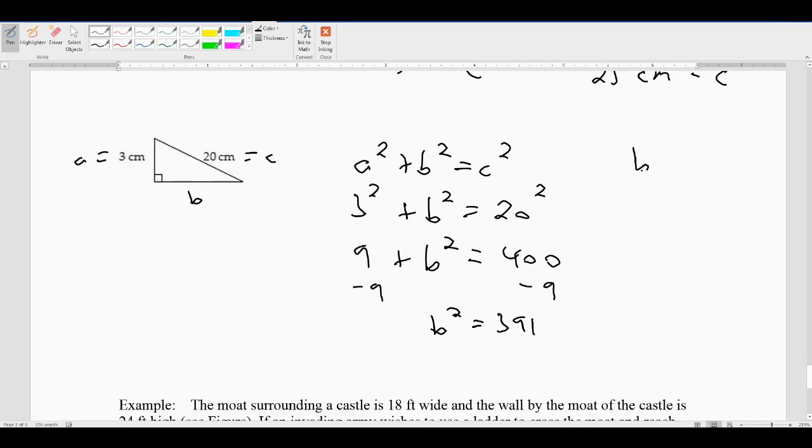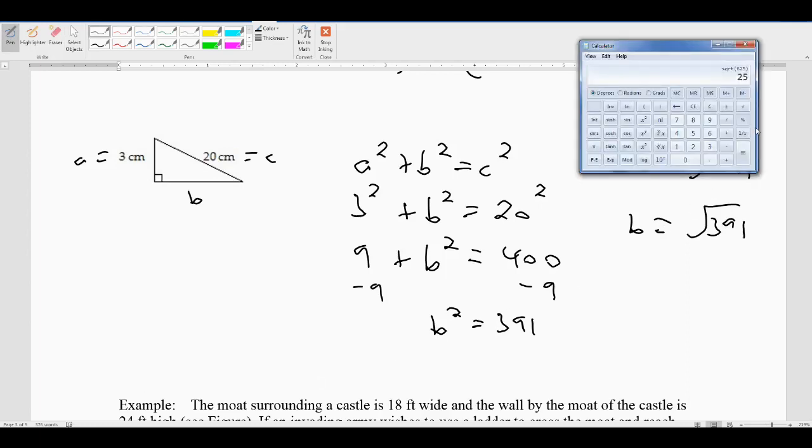Now I'm going to go up here, and just like we did before, I need to get rid of the exponent. So I'm going to take the square root of both sides. That will cancel, leaving the B. Now the square root of 391 probably doesn't do anything, so that may be the final answer, but we're going to take out our calculator and see what happens. It may be a nice number. I'm hoping that it is. If it's not, we'll have to use a decimal approximation.